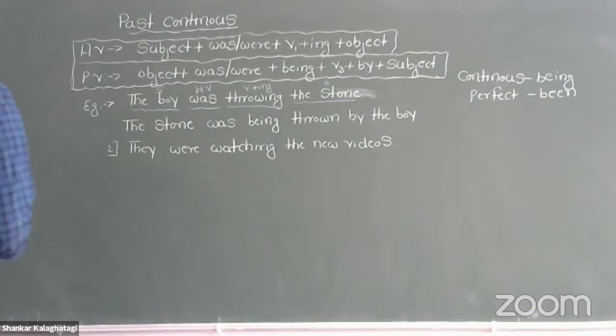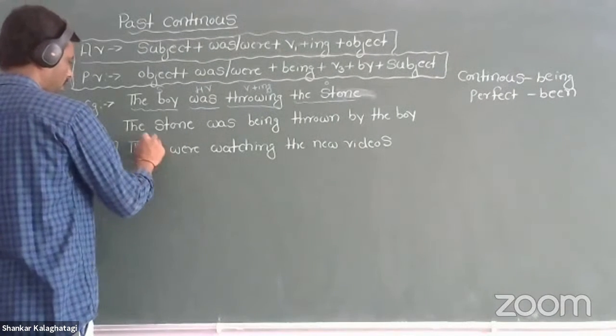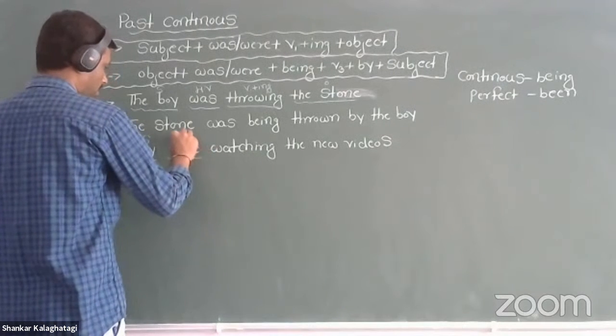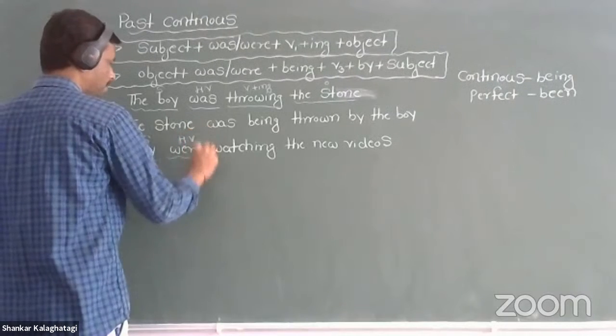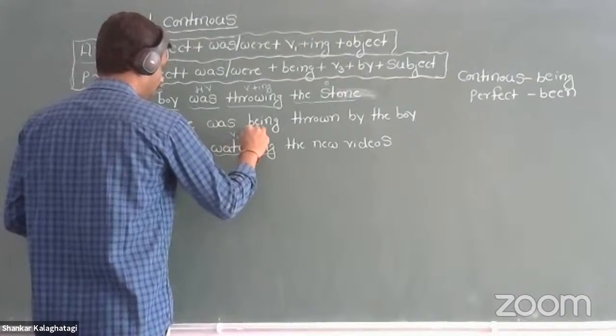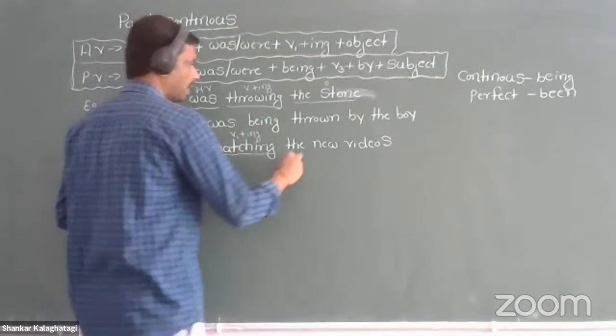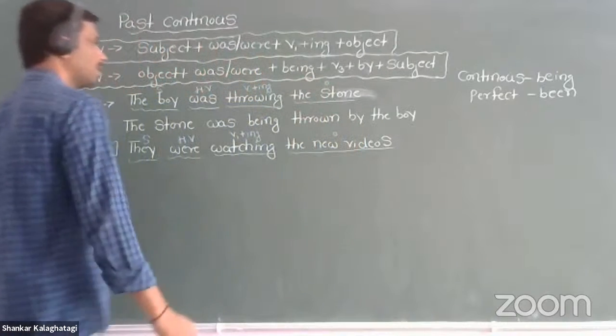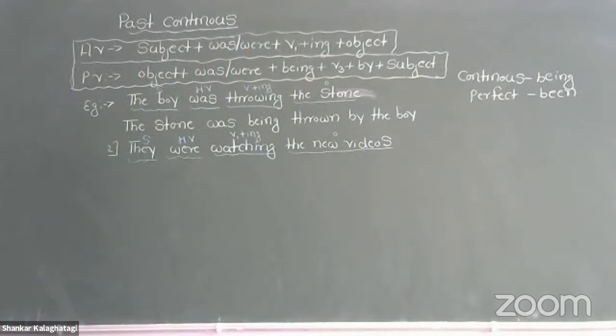Now first break the sentence. The doer here is they, that is the subject. So plural form is there, so this is the helping verb. Watching is our main verb, that is in the form of V1 plus ing. The new videos are our object. Change it.